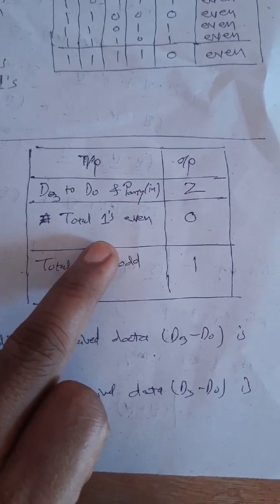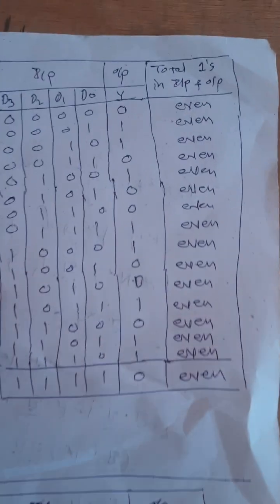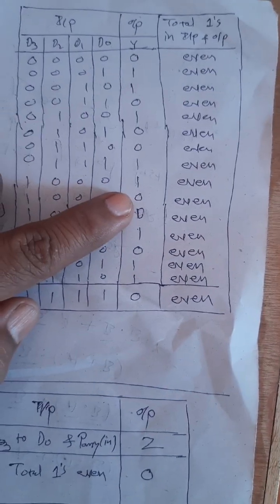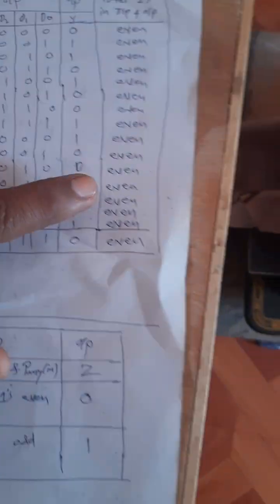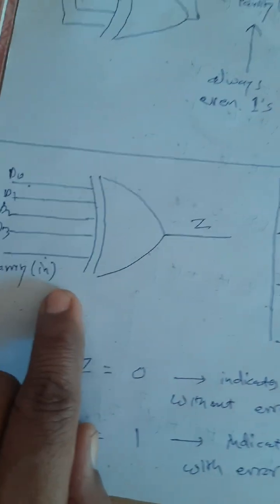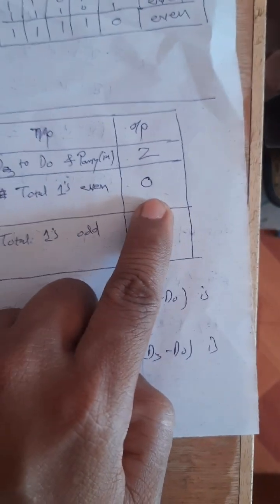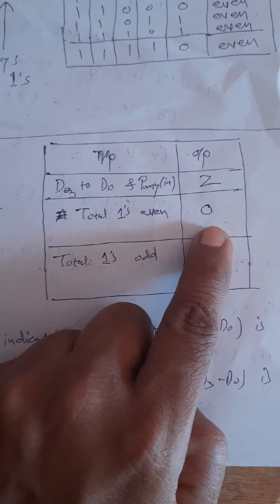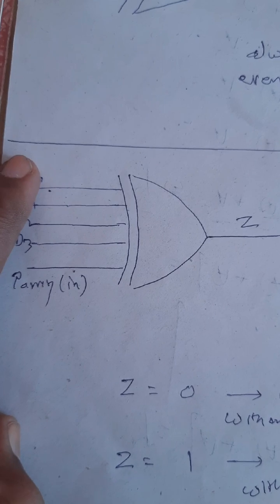Now, why proper? See, for any data input, the parity is generated such that the number of ones in these 5 bits is always even, and if it is even, then the output will be 0, and the 0 indicates that the data received is correct data, there is no error, and you can use this data D3 to D0 as it is.